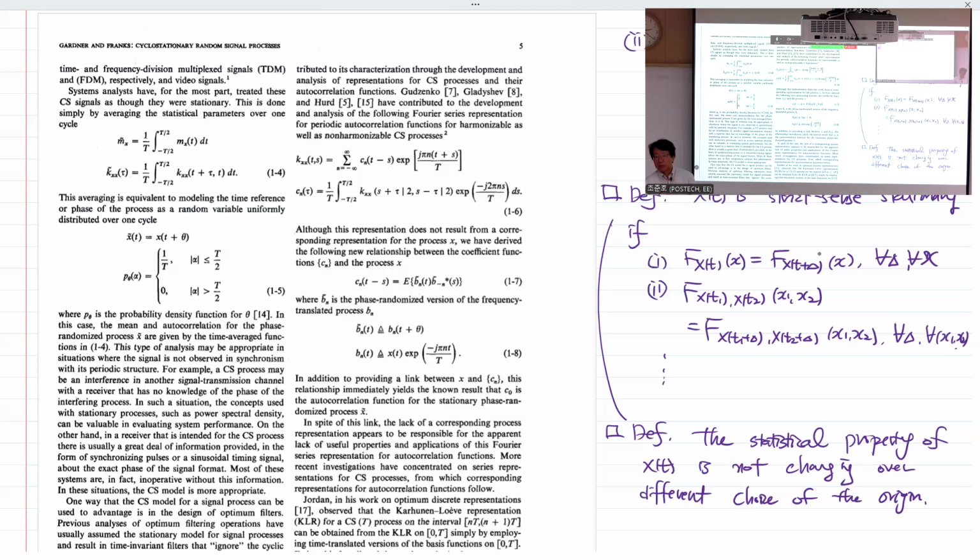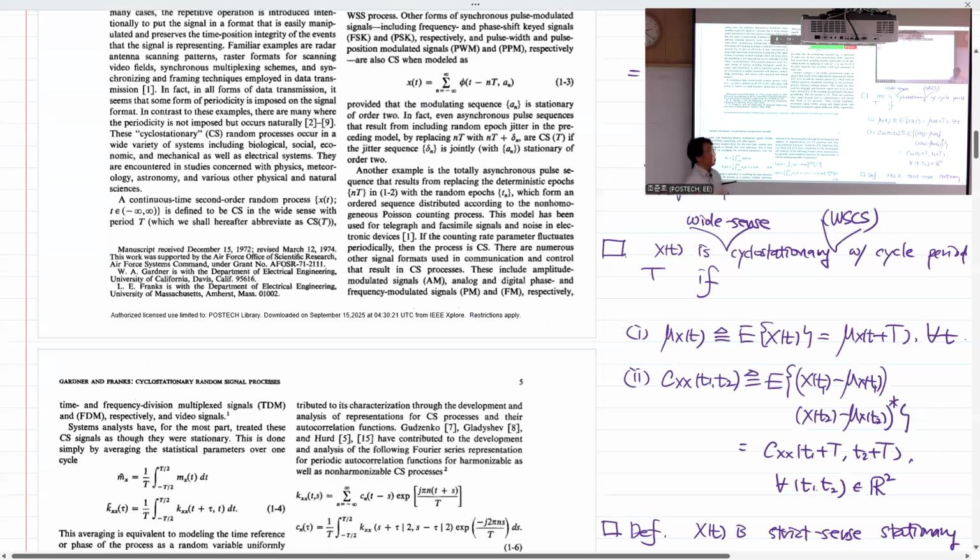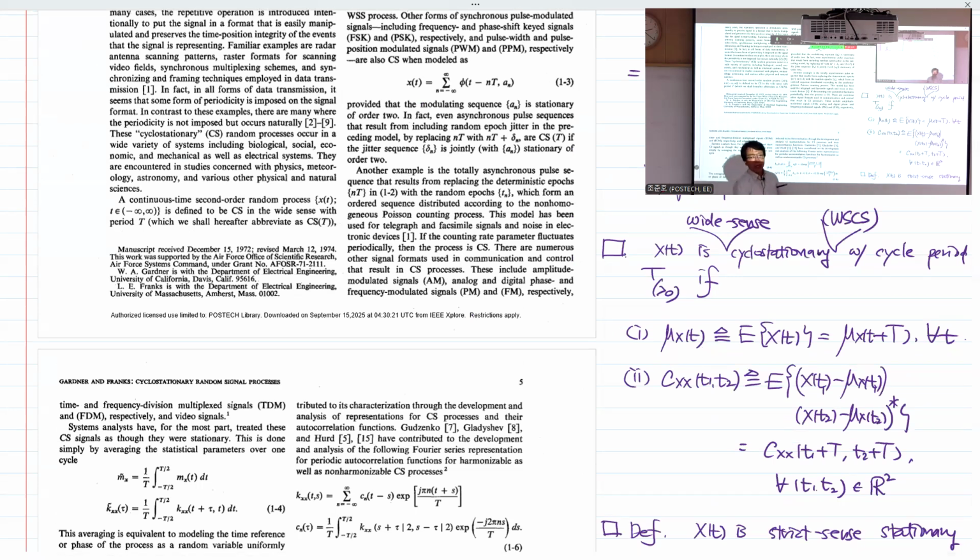Then let me go back to strict sense cyclostationarity of a random process, especially continuous time we are talking about with the cycle period T, and the period is usually chosen as a positive number T. So anybody who wants to boldly define a strict sense cyclostationary random process?